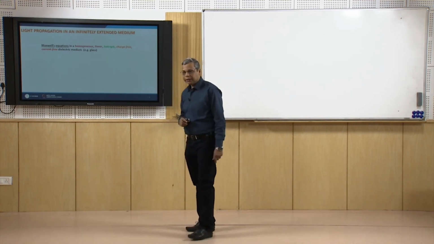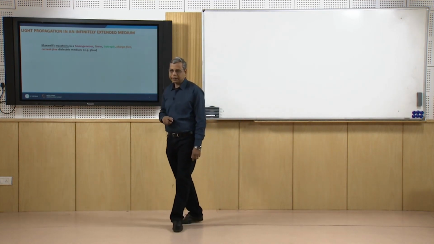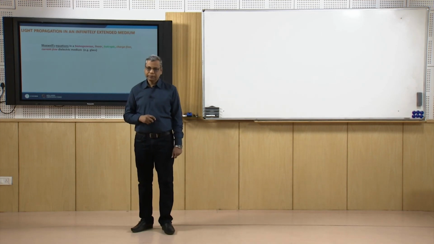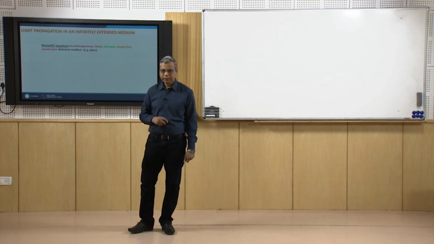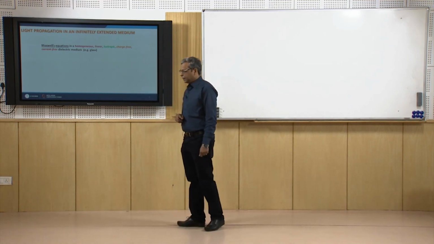What is a homogeneous medium? Homogeneous medium means that the refractive index of the medium is the same at every point. It does not depend upon x, y and z.